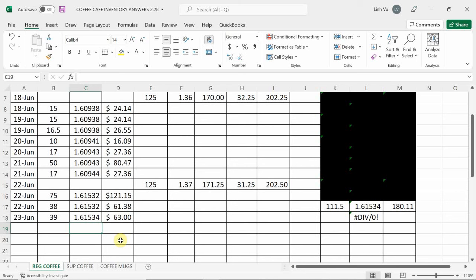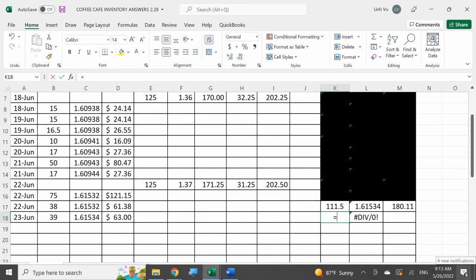So in this case, you're going to calculate how many pounds you use. So 39 at $1.61534, and that should give you a total cost of goods sold of $63 even. Wow, $63 even. So we need to subtract them out because we no longer have them.